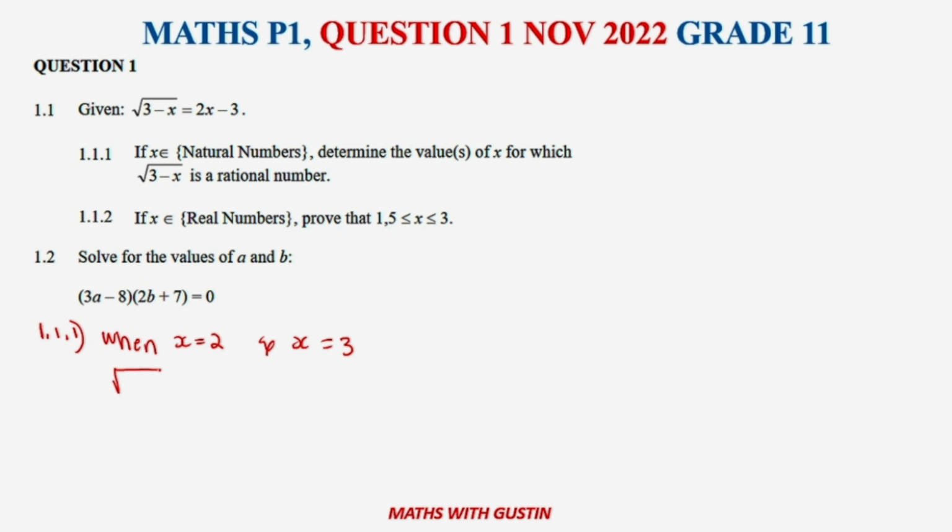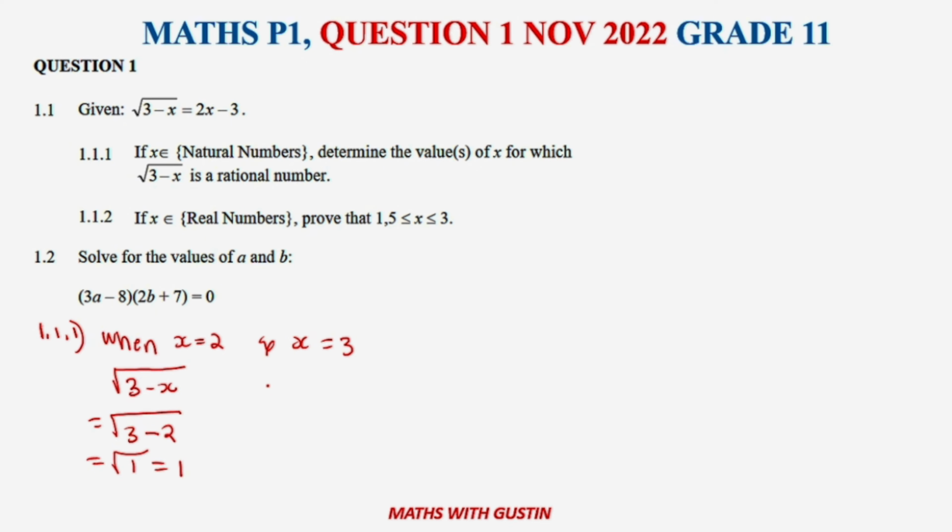On this one, under the square root of 3 minus x, when we substitute 2, it's going to be 3 minus 2, the square root of 1. Therefore the square root of 1 is equal to 1. The same thing applies here.